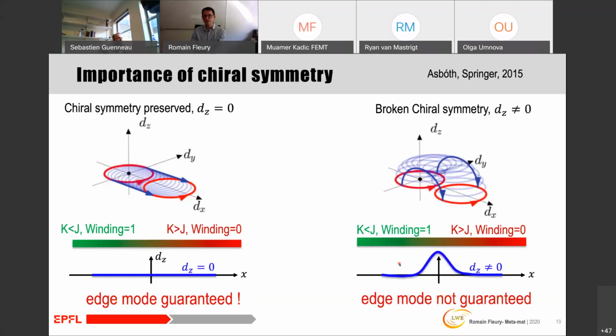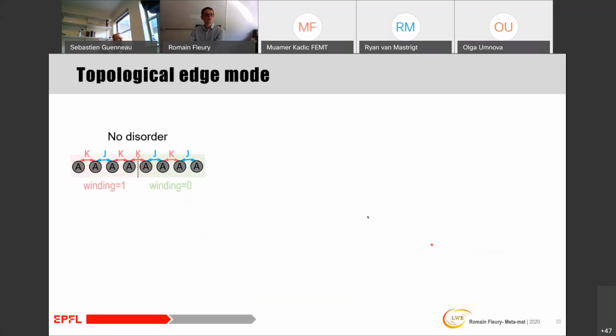So what's the physical consequence of this? Let's look at a system like this. You have two finite systems, let's say 4 resonators each. These ones have a winding; if they were infinite, this would describe a Bloch Hamiltonian having a winding of 1. And this one has a winding of 0. These are just 4 resonators on each side of this interface.